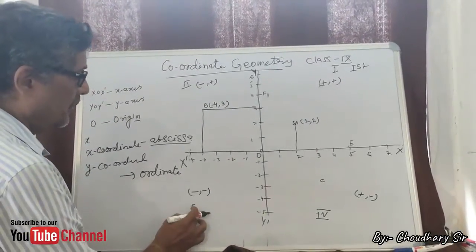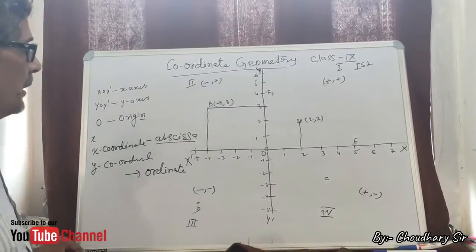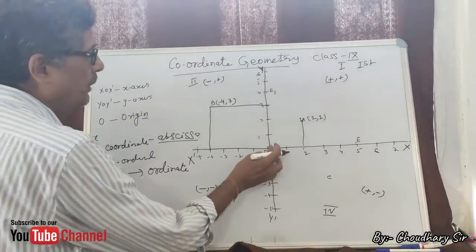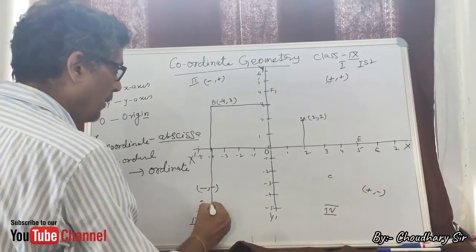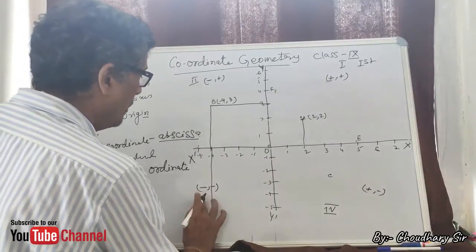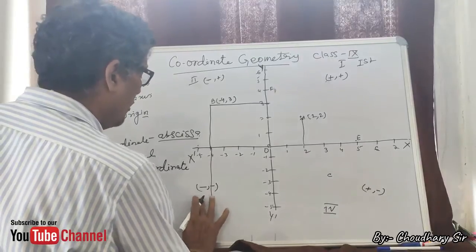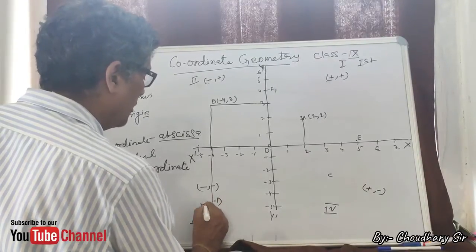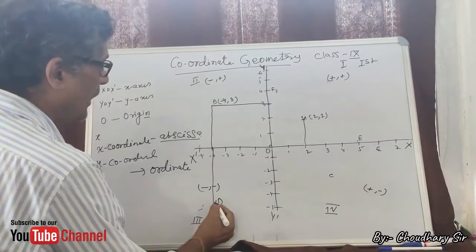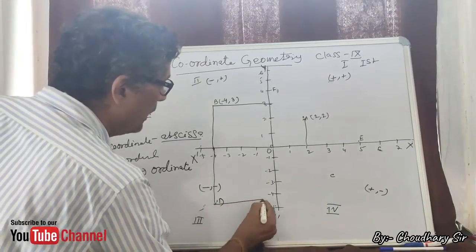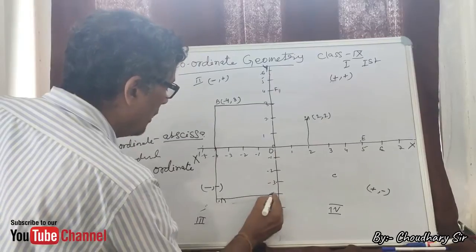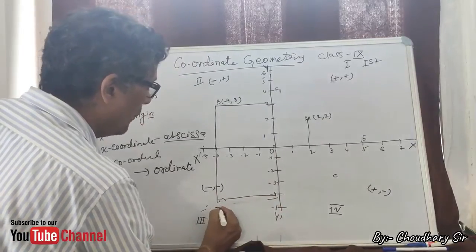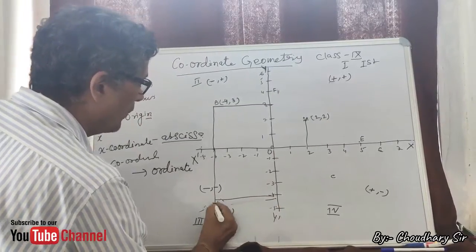See here point D. For point D, we come from the origin, minus 4, and here also minus 4. So (minus 4, minus 4).